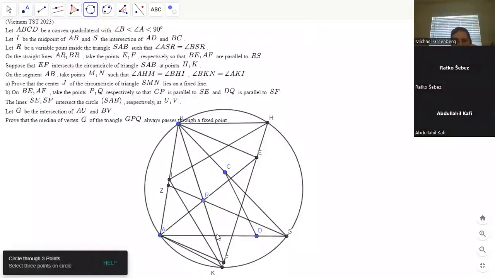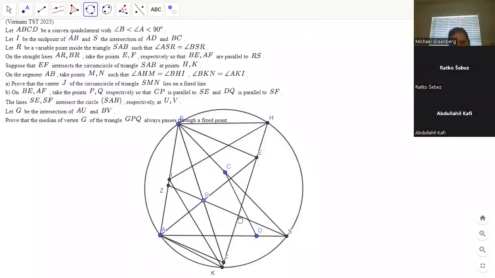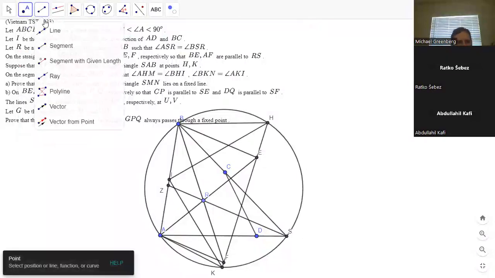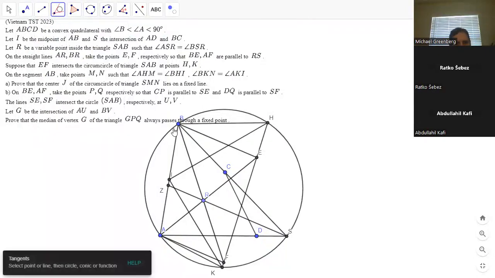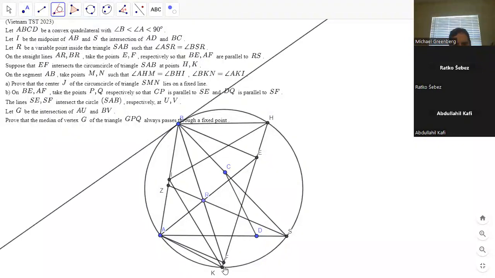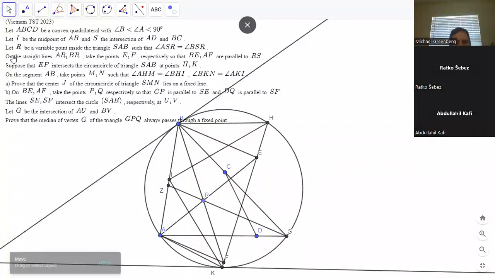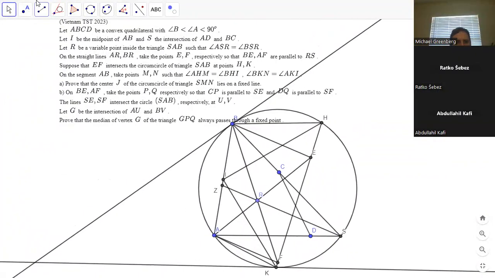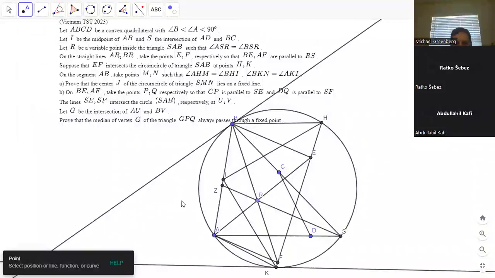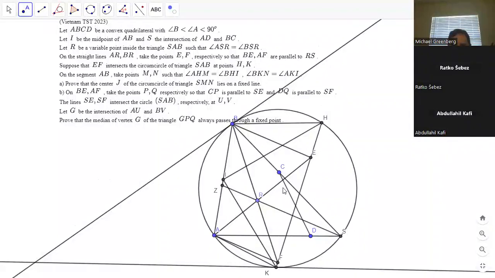So I draw the tangents at A and K, at B and K. Also, as I see, for part A, C and D are irrelevant. Oh, really? Okay. You took the wrong tangents. It should be tangents at A and B. But don't we want BHI? Oh, you're right.